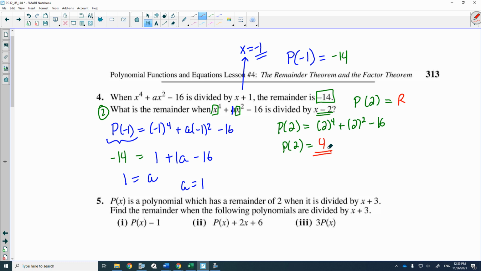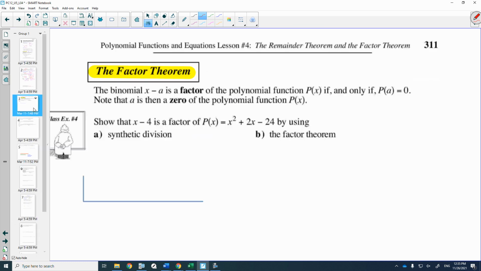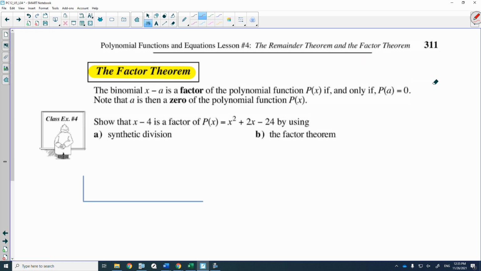Work through class example 1, and then you could unpause it, and we will do the second part. Okay, so for the second part of this lesson, it's going to be on the factor theorem. So just to quickly reiterate what the remainder theorem was, if you have a divisor, the root of the divisor would be a.